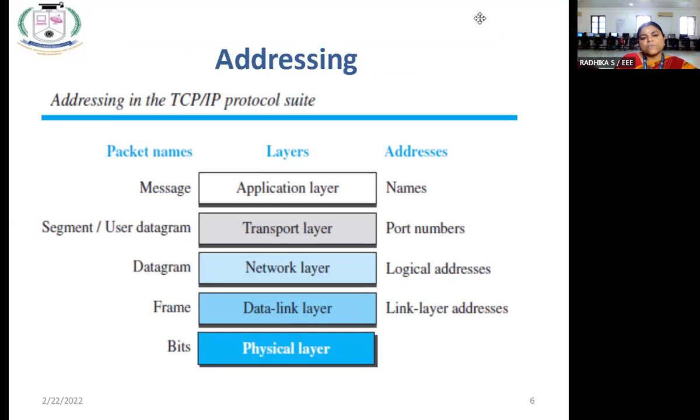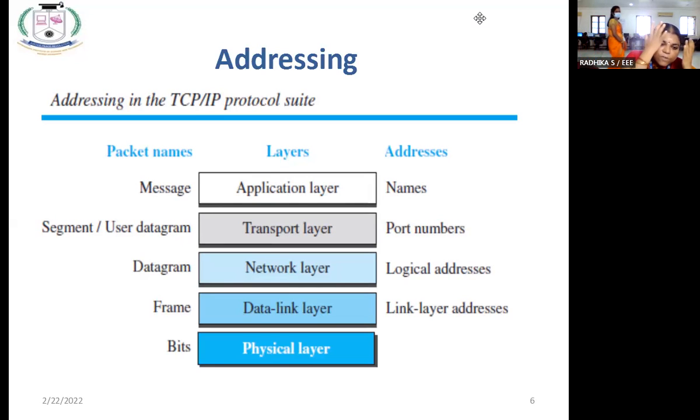The packet is called a message in the application layer. For example, if I want to send a mail, you just give your mail address, something like Ravi at the rate of gmail.com. That is the address meant for the application layer.